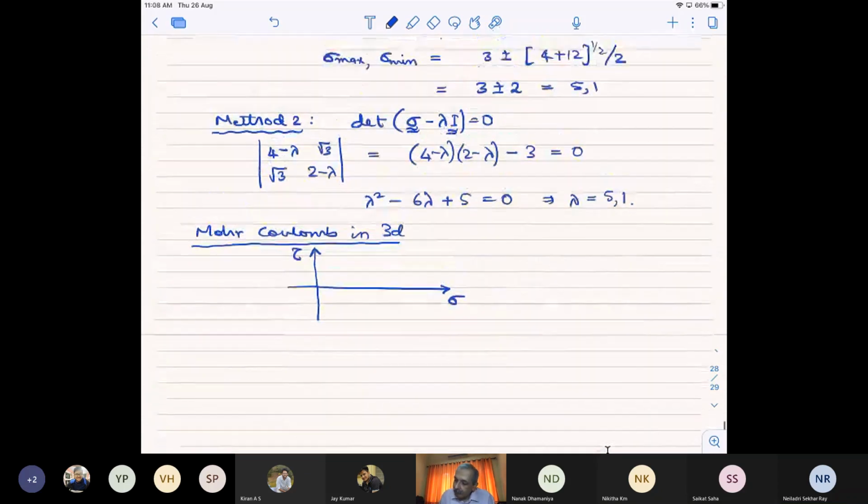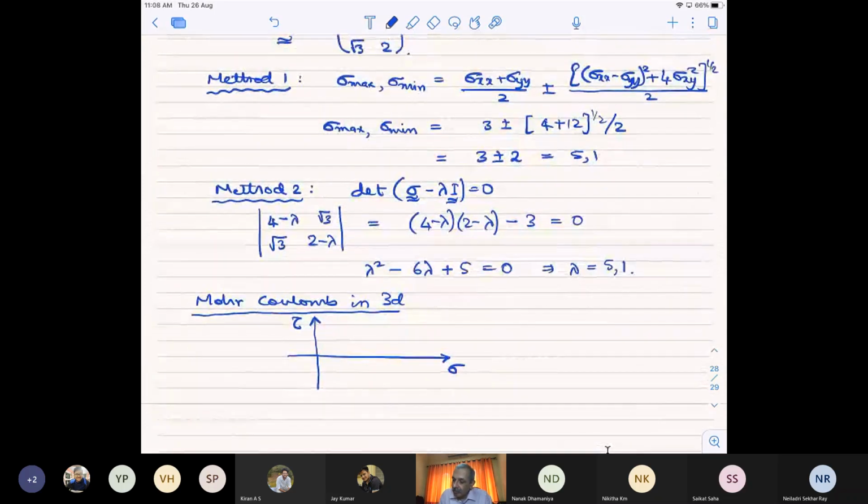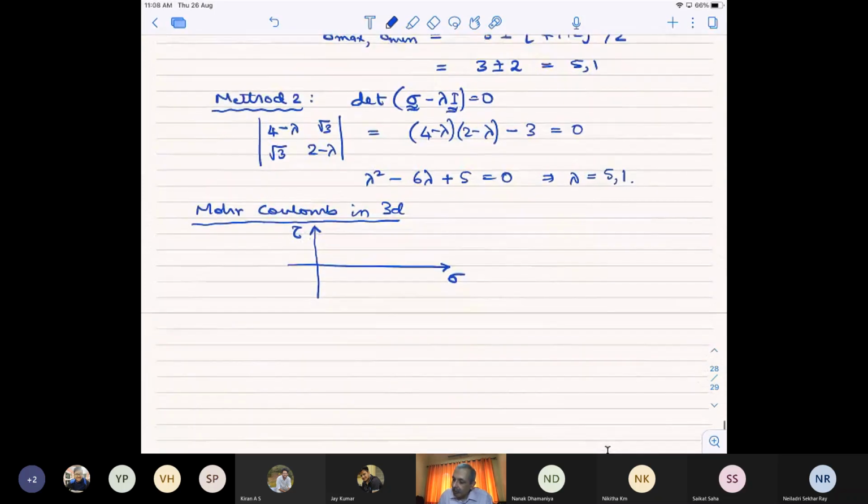Because in 2D you are getting sigma max and sigma min, but in 3D you will get three principal stresses. You'll get sigma 1, which is, let's say, larger than sigma 2, which is larger than sigma 3.